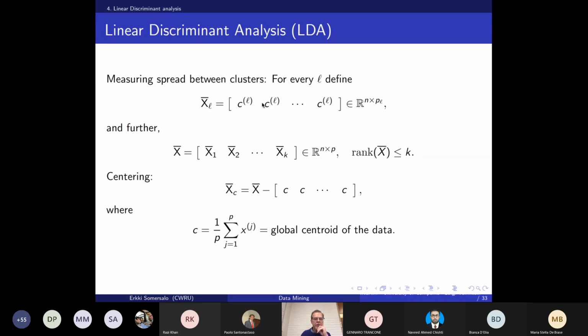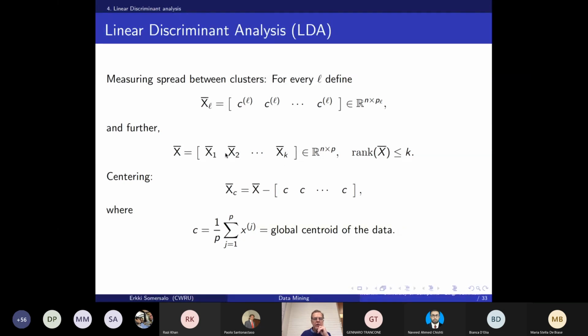This is a silly looking, rather useless looking matrix. But what I'm doing now is collecting all those cluster centroid repeated matrices into an X bar matrix. So the first cluster centroid is repeated P1 times, the second cluster centroid is repeated P2 times, etc. The kth cluster centroid Pk times.